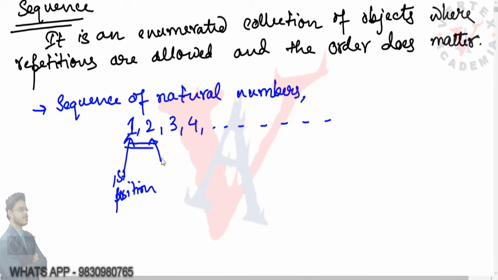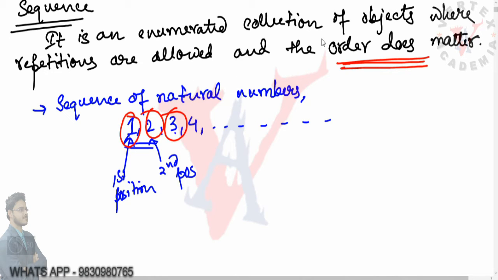The position of 2 is the second position, and similarly the positions of 3, 4, 5. That is what is meant by saying the order does matter: the positions are defined. This one is the first position, this is the second, this is the third. So here the order matters.